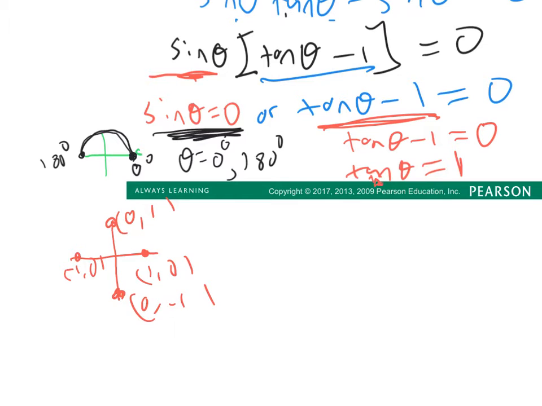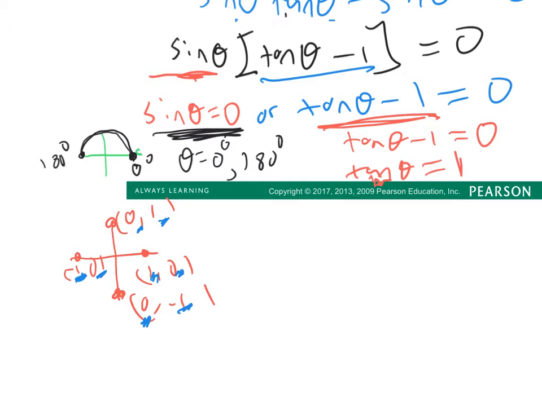Tangent is sine over cosine, y over x. 1 over 0, is that 1? No. 0 over negative 1, is that 1? No. 0 over 1, is that 1? No. Negative 1 over 0, is that 1? No. So it didn't happen there.